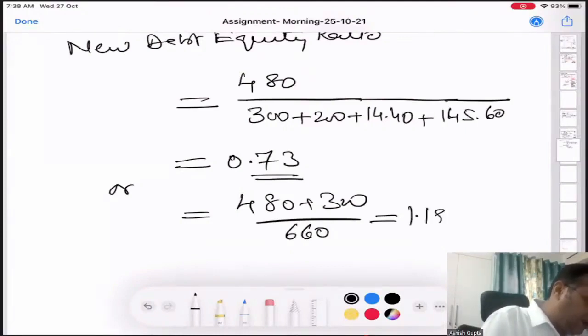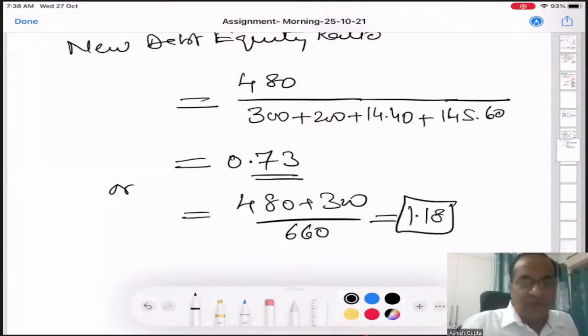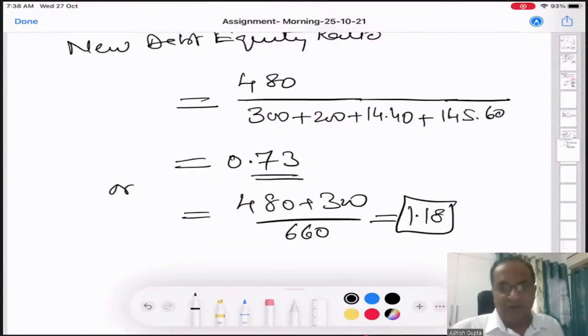Yes, the condition is still met. Divya, you are correct, it will be 1.182. So if we are meeting the condition, there is no problem.